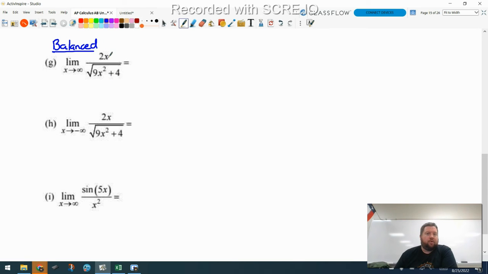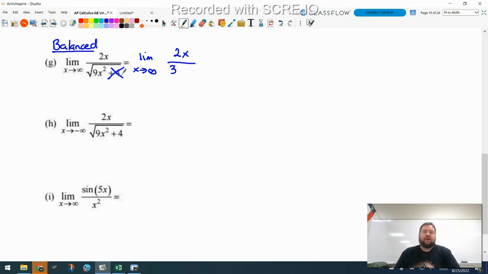We're going to show a little more work on this one. When I'm doing a limit as x goes to infinity, I can ignore any number that is smaller than my highest power, so I'm just going to cross out the 4. I don't need to worry about that. Then I'm going to rewrite this: the limit as x approaches infinity, we have our 2x on top, and then the square root of 9 is 3, so I'm just going to put 3.